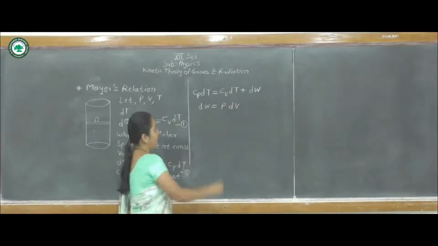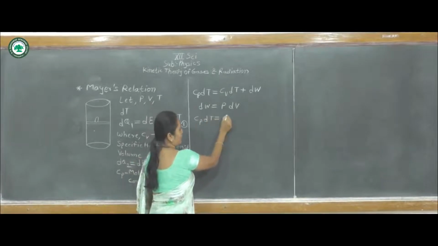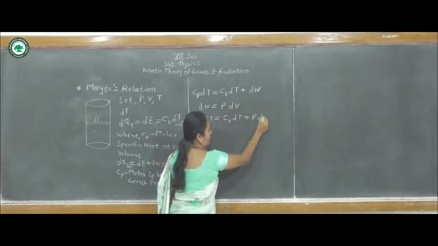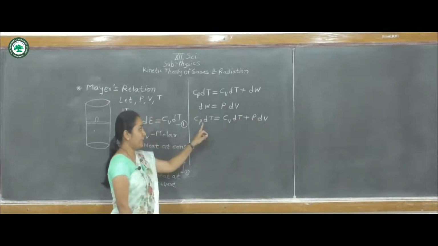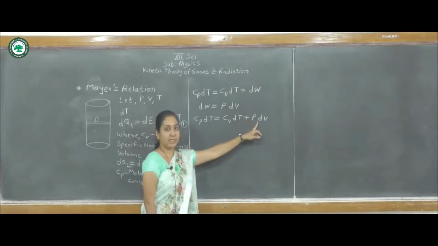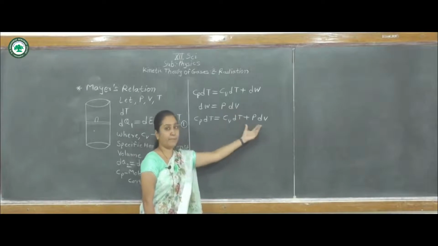We can write Cp dT is equal to Cv dT plus P dV. Instead of dW we have substituted P dV.